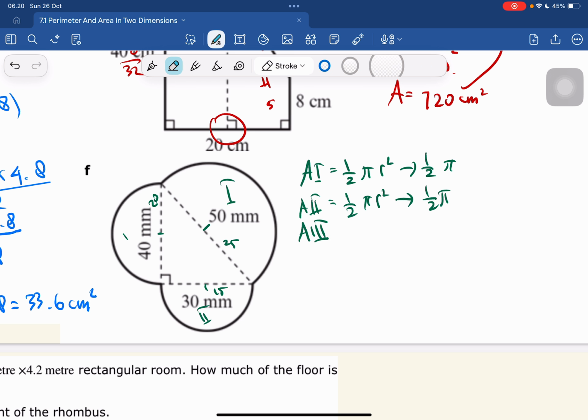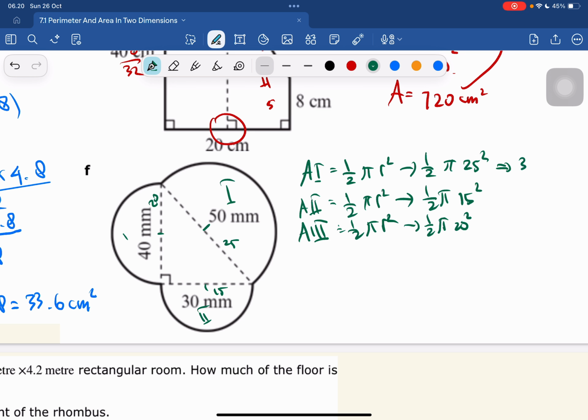So this is 25 square, and this is 15 square. And for this one, a half pi 20 square. So let's start first with 25 square is 625 divided by 2. This is the first. It's gonna be 312.5 pi.